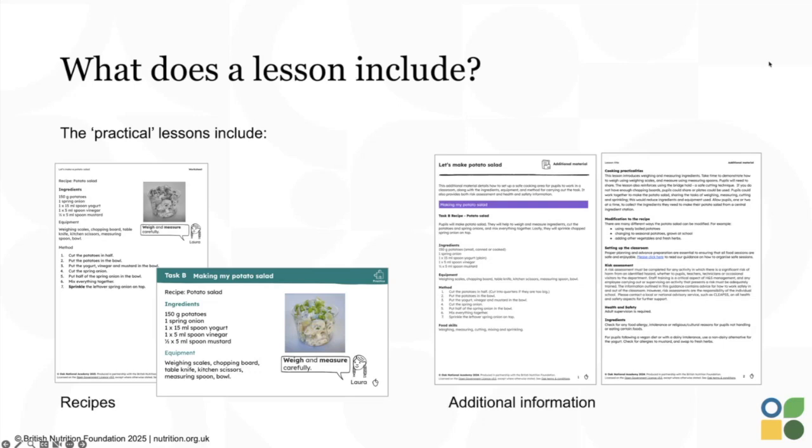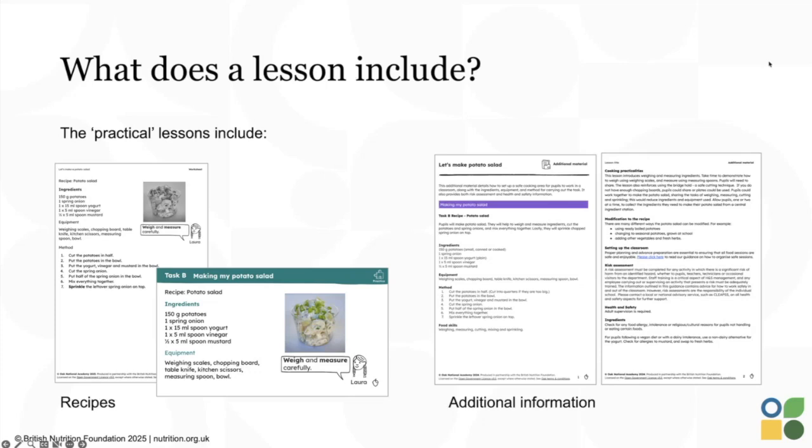You may just have your normal classroom that you've got to do your food activities in. So you've got to think about how you can set that up safely, and the number of pupils you've got, the number of pieces of equipment, etc. So we've given some guidance as to whether you might want to think about doing the activity in pairs, for example, so the pupils can share the ingredients and share the equipment.